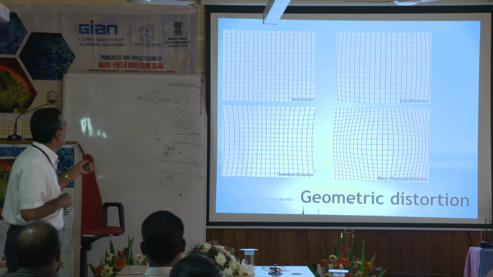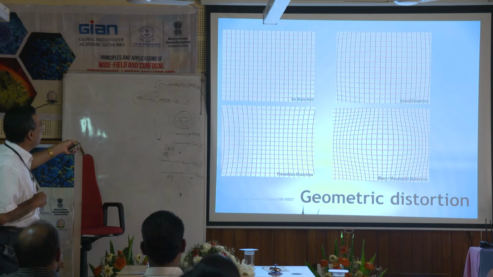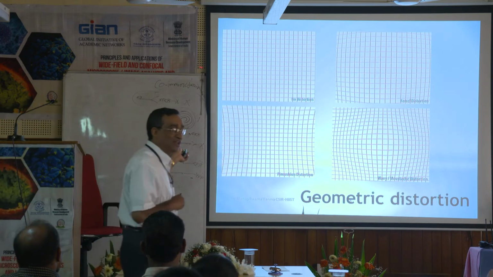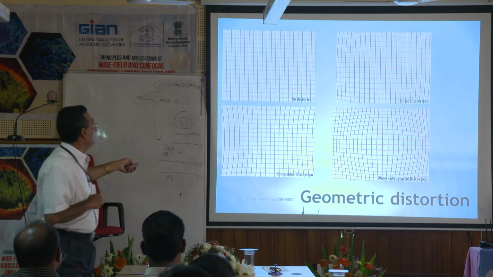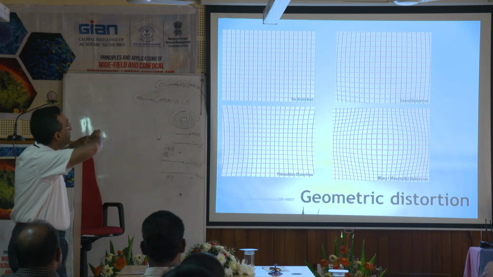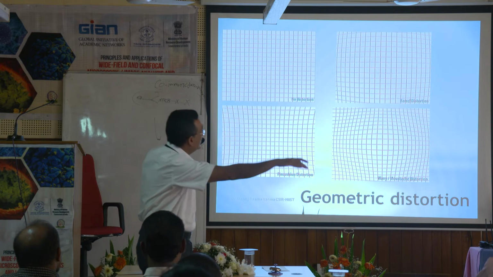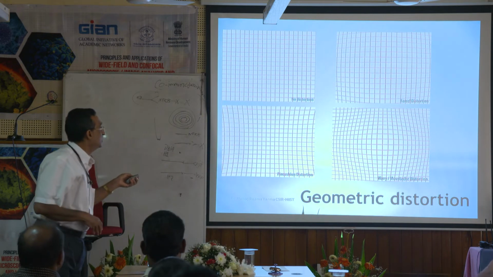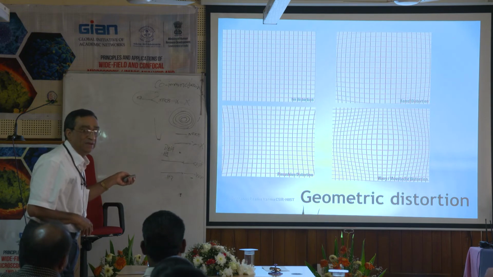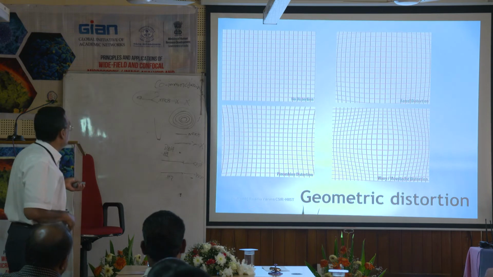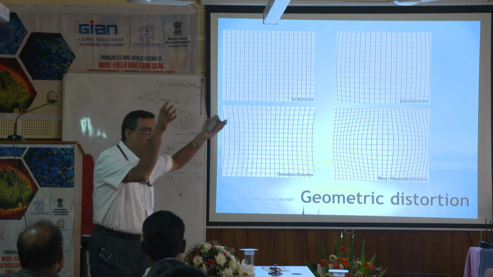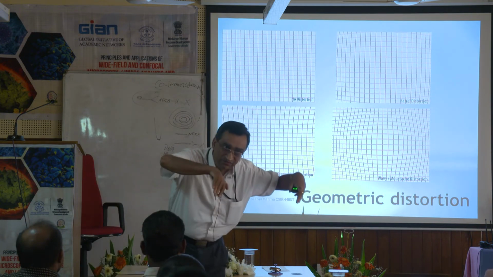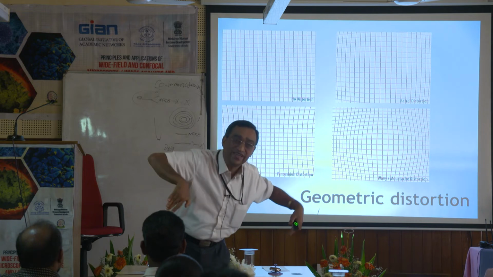See, I'm viewing a grid. When there is no distortion, it really looks like a grid. But when there is barrel distortion, the extreme ends become convexly curved, like a barrel. Whereas in pincushion distortion, it curves inwards, in a concave way.